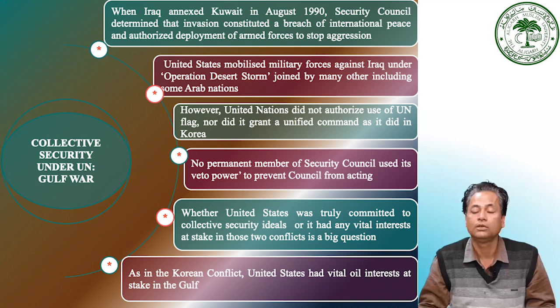There is a joke: had Kuwait produced beetroots and carrots instead of oil, would Americans still have supported Kuwait? So, that is the question, and you can understand the difference between the Korean conflict and the Gulf War.